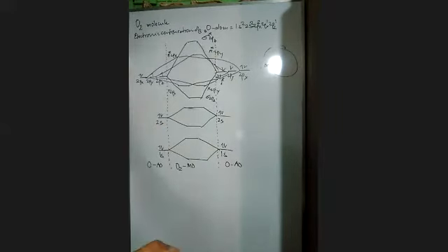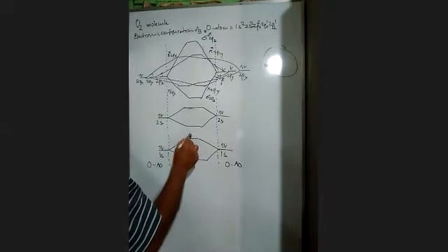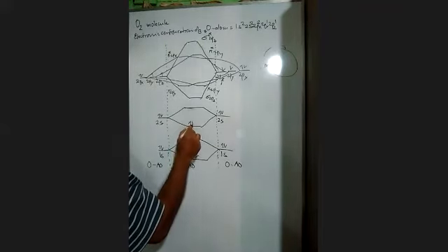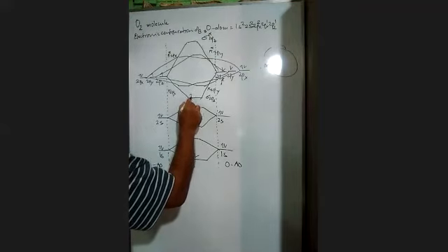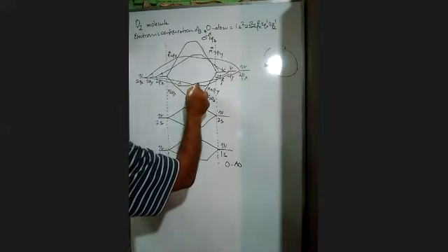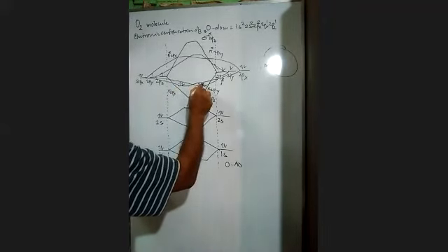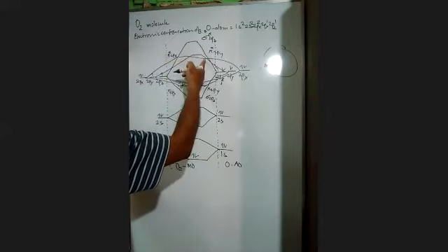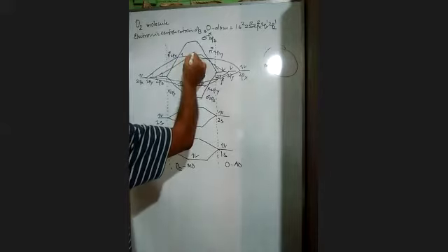Look at the screen now. 1, 2, 3, 4, 5, 6, 7, 8, 9, 10, 11, 12, 13, 14. These two energy levels are again the same. So it is 14, 15, 16.